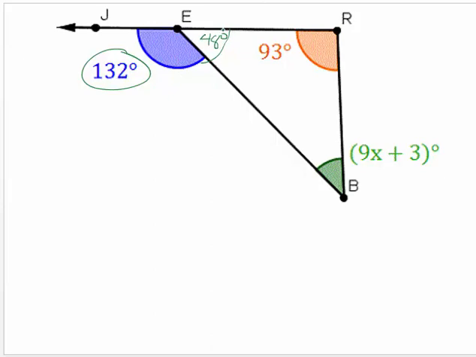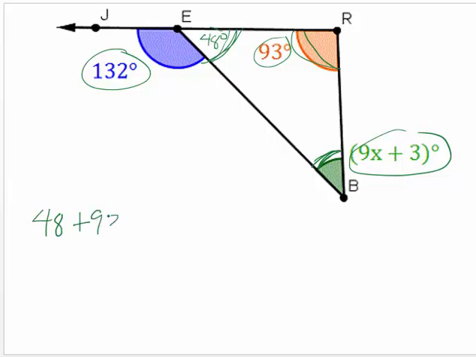Now we know this 48 degree angle plus this 93 degree angle here plus this 9x plus 3 degree angle here have to add up to 180. So I'm going to write that down. 48 degrees plus 93 degrees plus 9x plus 3 degrees has to add up to 180 degrees, right?